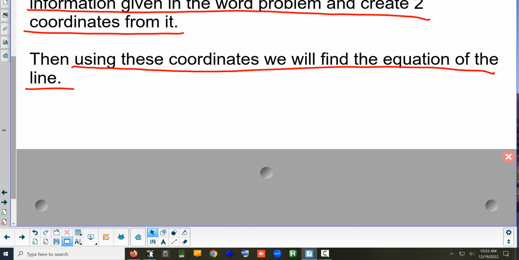Can someone remind me again, how many numbers are in a coordinate? Yeah, there are two. And we need to write two coordinates. So we're going to be looking for four numbers. 2 x's and 2 y's.